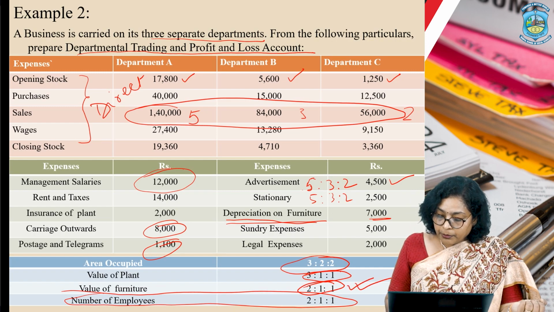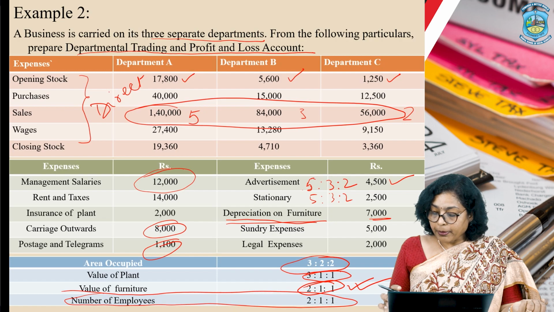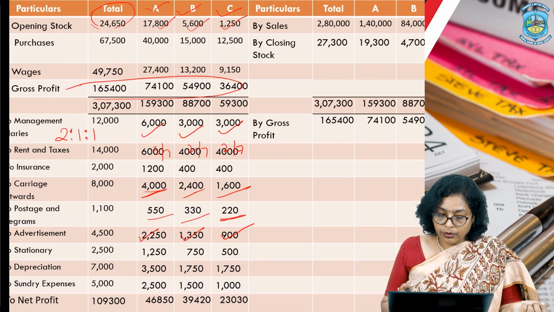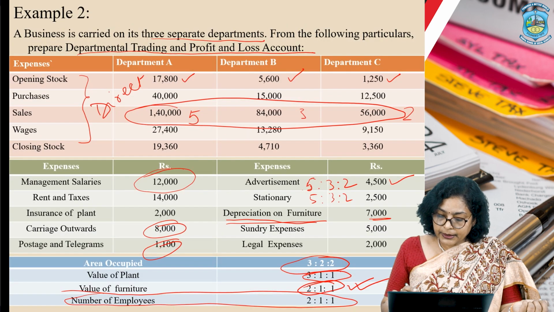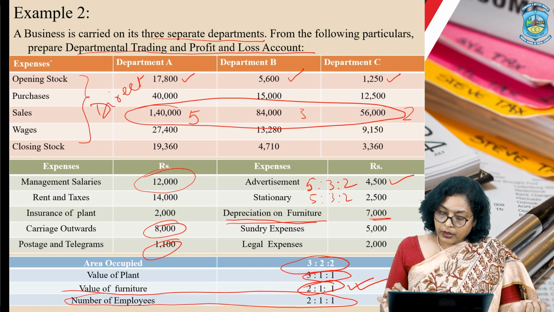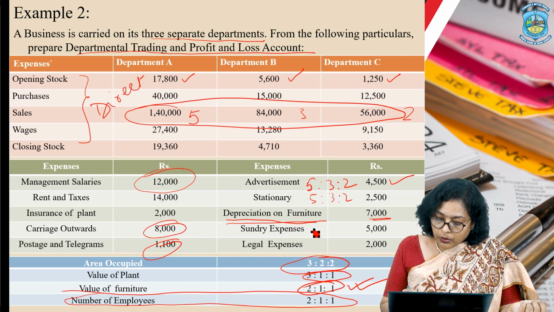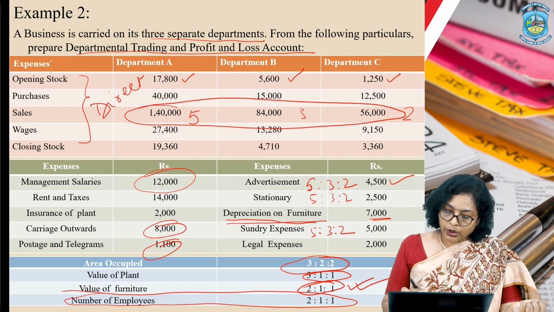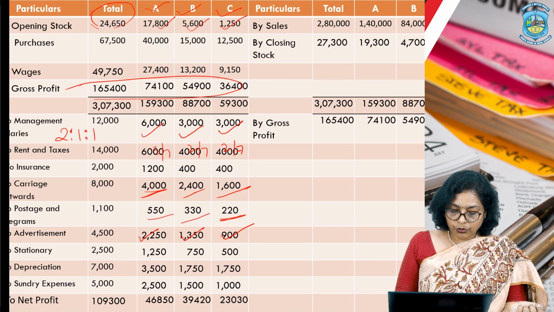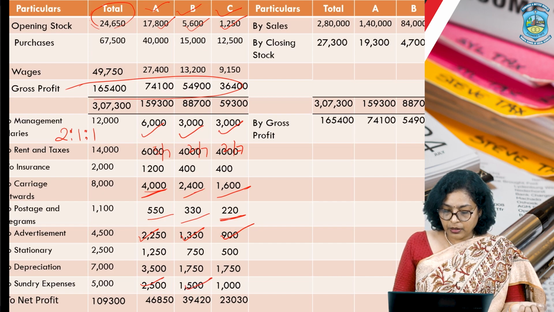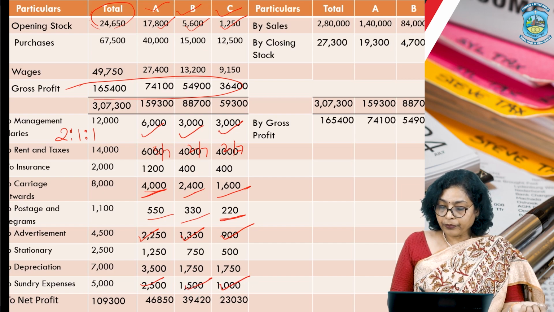It means 2 by 4 to A department, 1 by 4 to B department and 1 by 4 to C department. After this, see sundry expenses. Sundry expenses will be apportioned on the basis of sales, that is 5:3:2. So 5,000 into 5 by 10, 3 by 10 and 2 by 10.